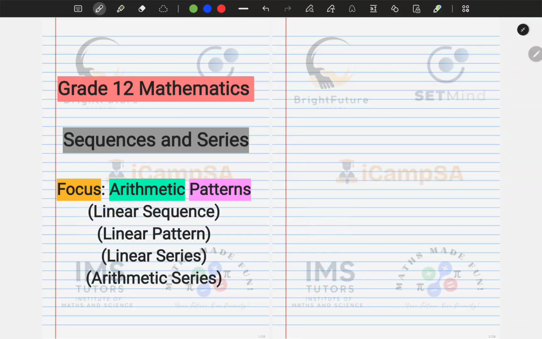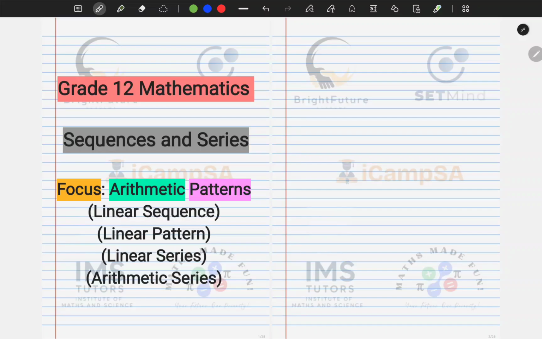In this edition, we are looking at grade 12 mathematics, sequences and series, but our focus for this part will be on arithmetic patterns. And as you study, you will realize that there are many terms that they will use synonymously with arithmetic patterns. You will hear others saying linear sequence, others will say linear pattern.